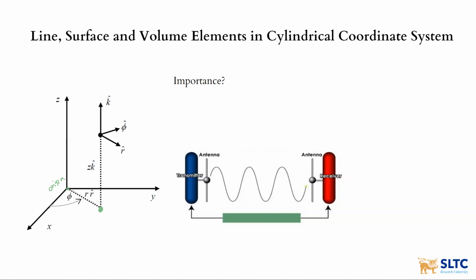We first take the magnitude from the origin to the point that we consider, and we call that the radius. And the angle that we measure from the x-axis to the position that we consider, we call phi.